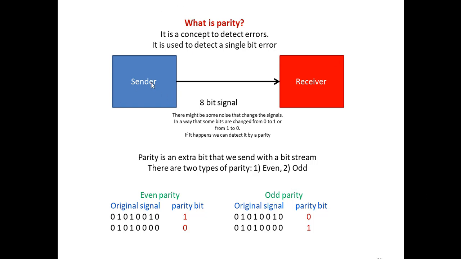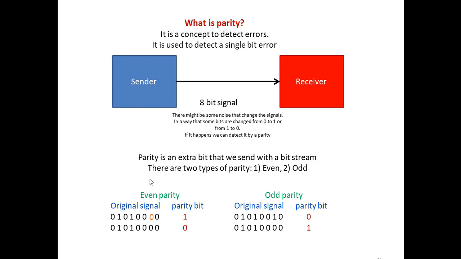Assume that we have this original signal 0 1 0 1 0 0 1 0, and the parity bit is 1, of course, because we are going with the even parity. Throughout its transfer, noise happens, and one of the 1s is switched to 0. So when the receiver reads it, it reads 0 1 0 1 0 0 0 1 and a 1.